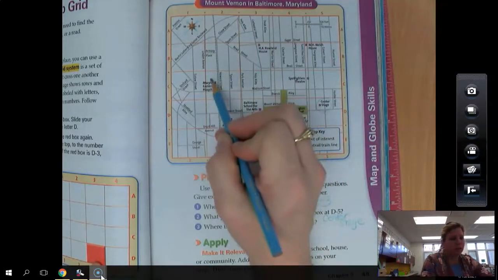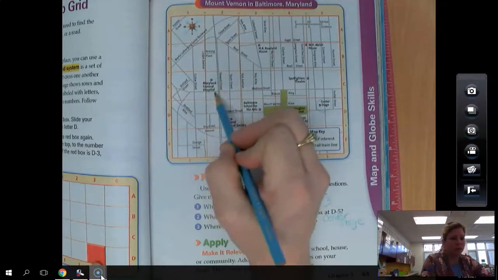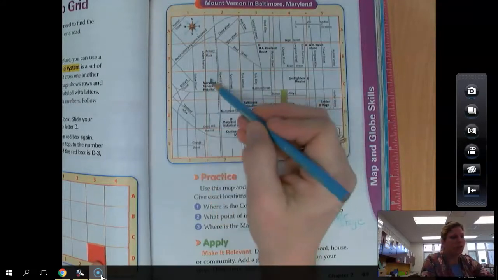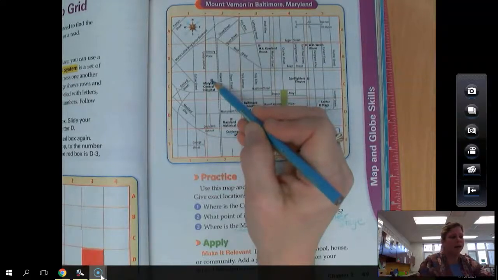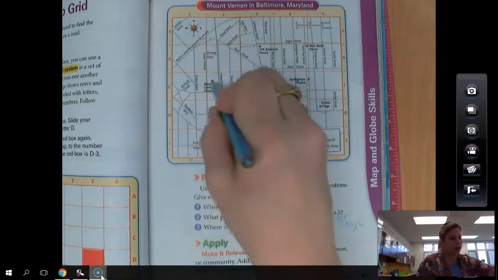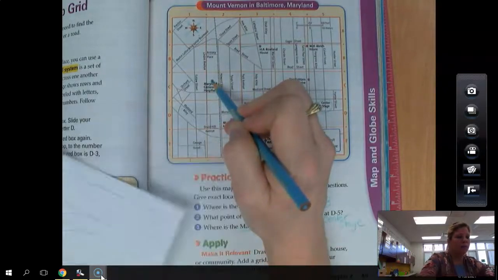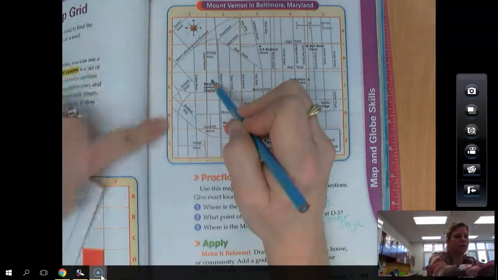Okay? So remember, we don't necessarily go by the words because the words might be bigger, but we go by that little square that's colored in red. So what box is that in? Well, remember, we always go by the letters on the left-hand side first.